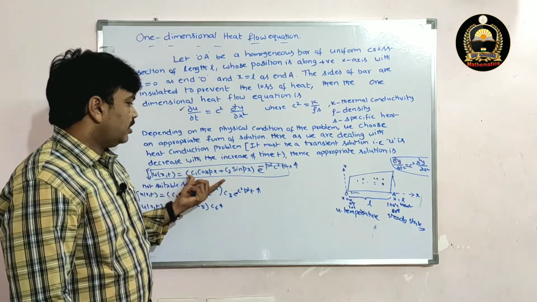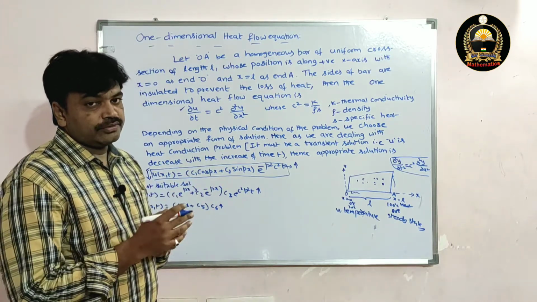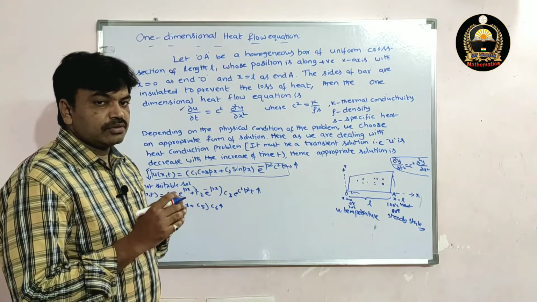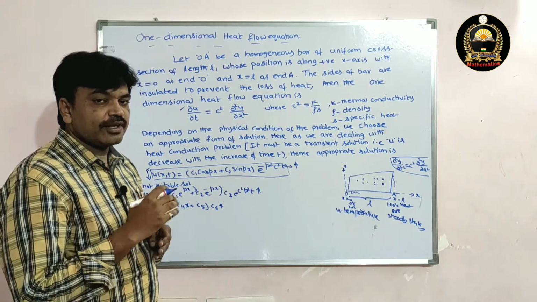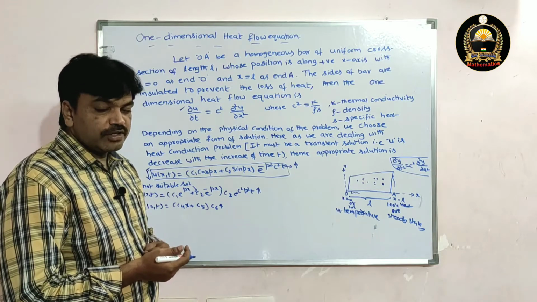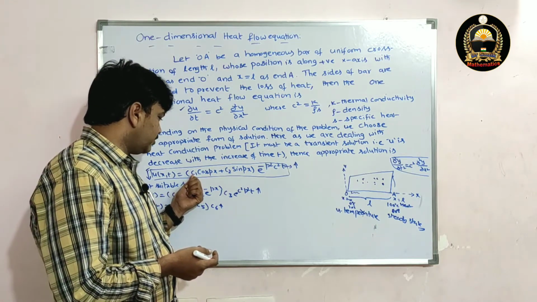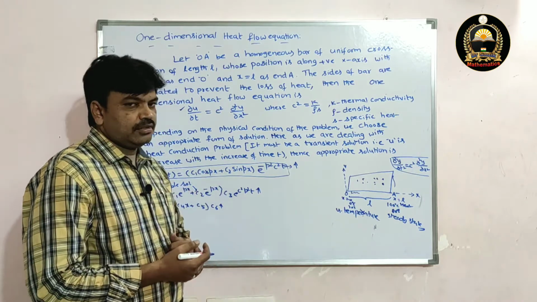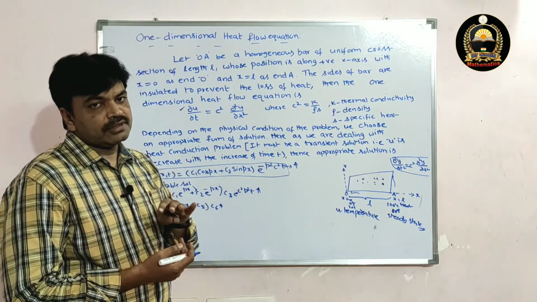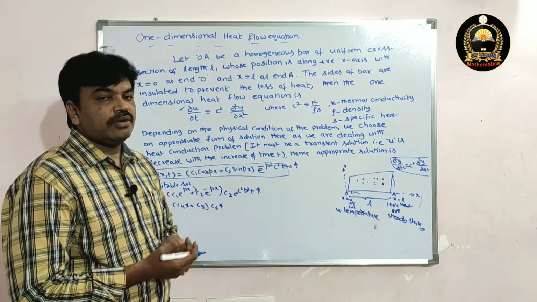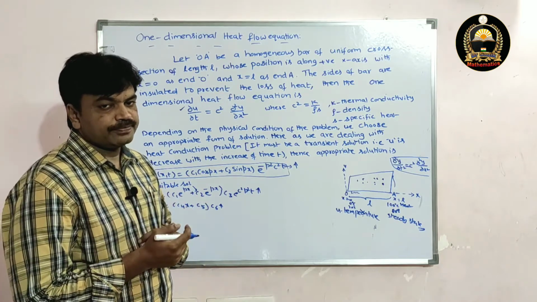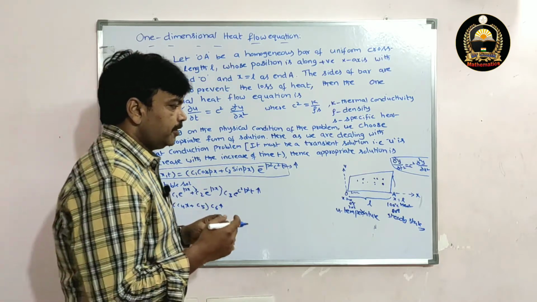So after getting the solution, which values do we find, students? Exactly, we are finding the C1, C2 values. How can you find the C1, C2 values, students?